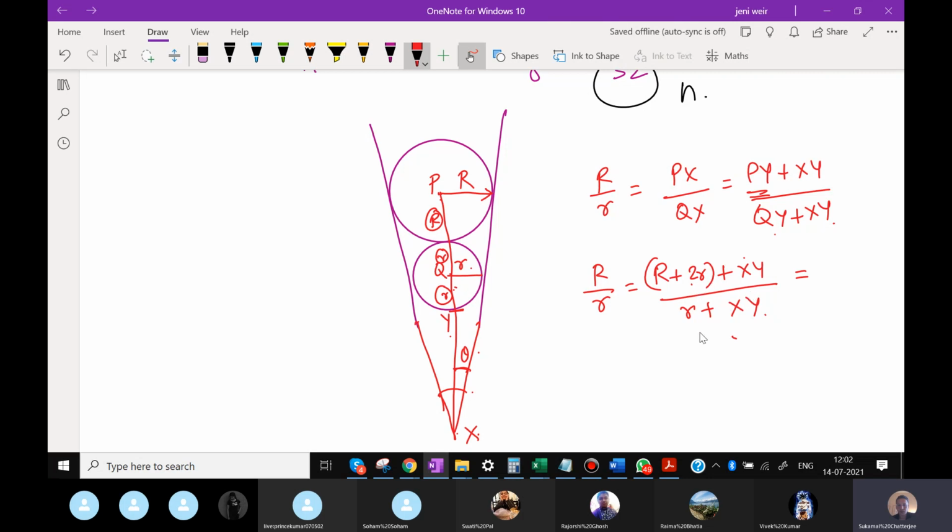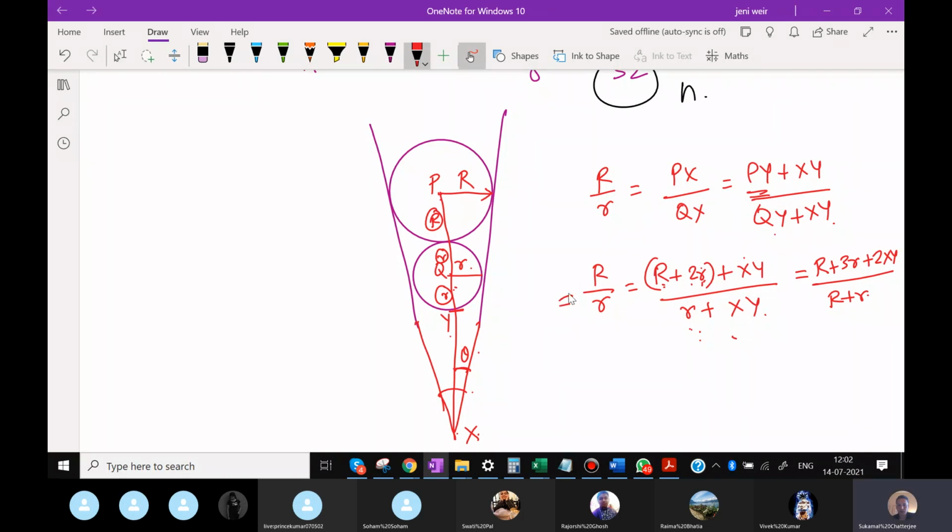So numerator plus denominator would be capital R plus 3r plus 2xy, and numerator minus denominator will be R plus r, XY will cancel out. Clear?